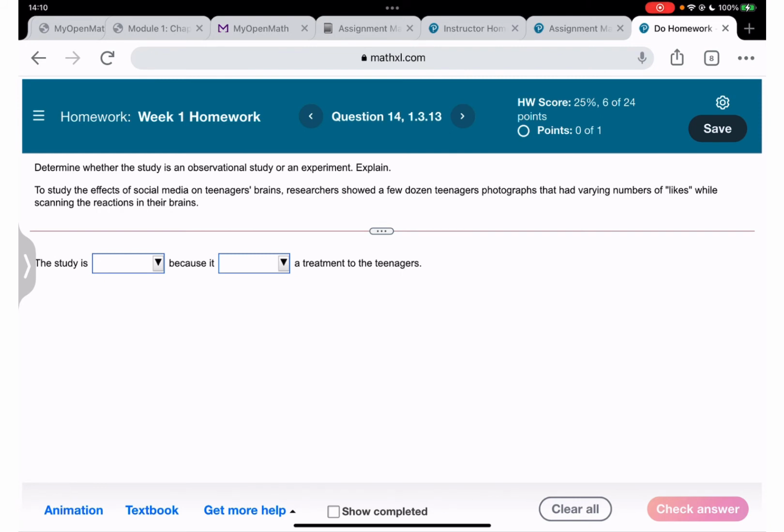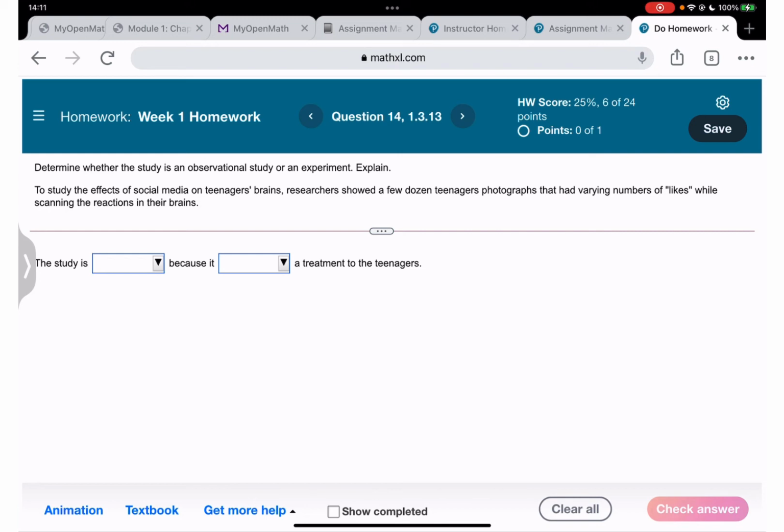Moving to question number 14. In a study of the effect of social media on teenagers' brains, researchers showed a few dozen teenagers photographs that had varying numbers of likes while scanning their reaction in the brain. Okay, this is interesting.